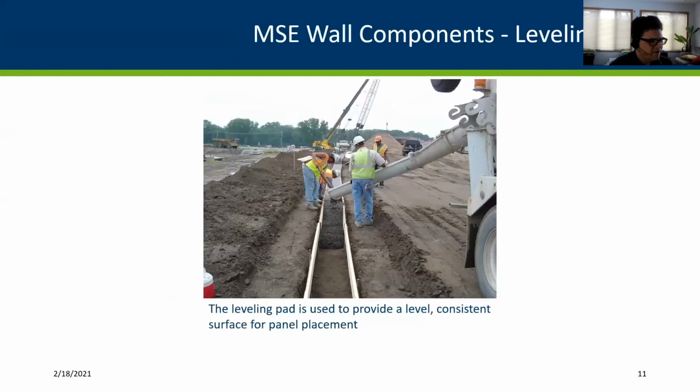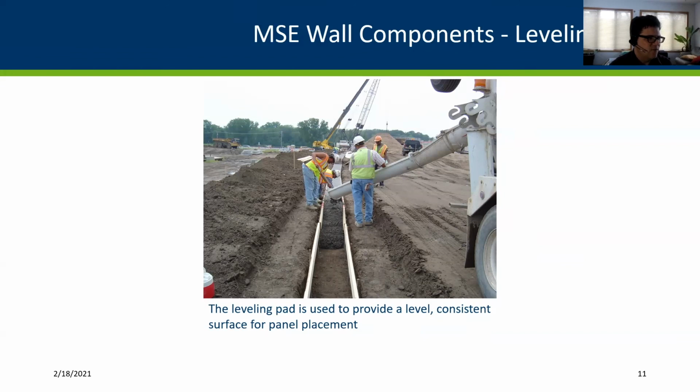So the first component is the leveling pad. These walls don't really have a footing like a traditional CIP wall. It's a leveling pad. It's an unreinforced concrete component. It's there to make sure that the panel face is sitting level and looks nice in its final position. So there is a lot of care that needs to be taken in placing that pad so that it's level and so that the panels sit nicely on it.